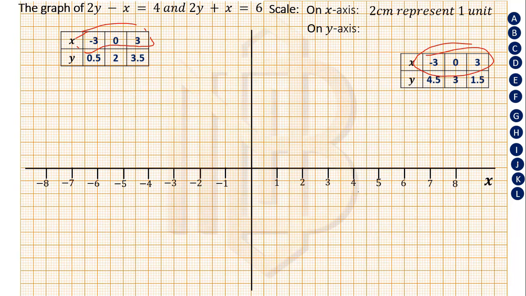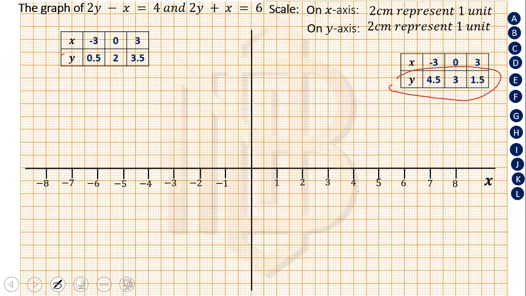Now for the y-axis, if you want to determine the accurate scaling, the first thing we have to check is our axis, the set of values that we have there. 2 centimeters to represent 1 unit will be suitable for our y-axis, because looking at our values, if you're using that, by implication, it means we'll be having a calibration.